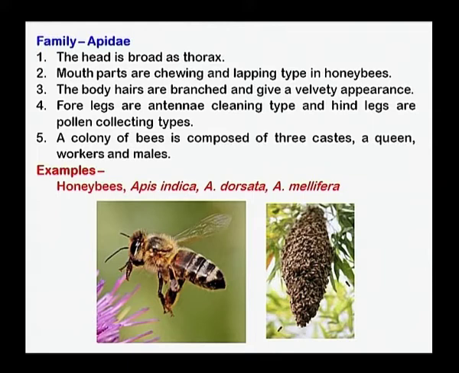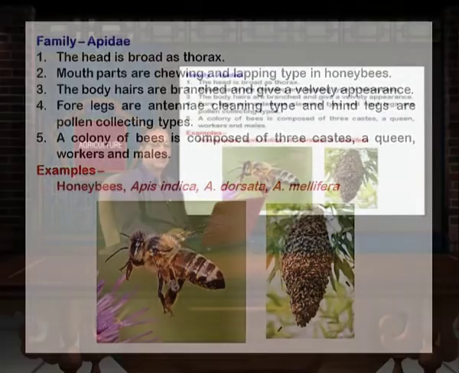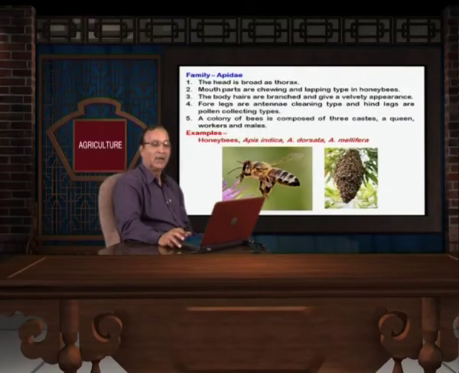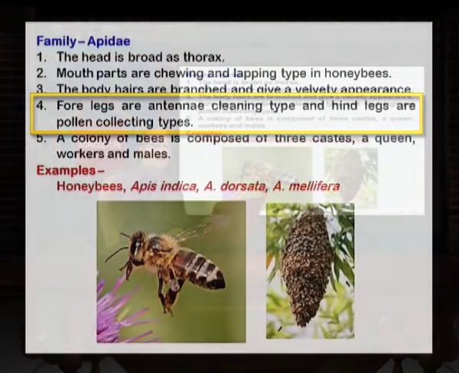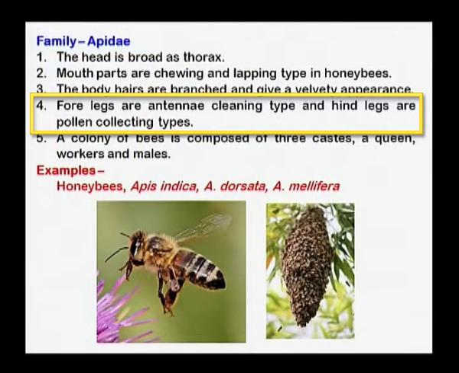Forewings are very prominent, along with the forelegs, which are clinging type, whereas the hind legs are pollen collecting type, commonly known as pollen collecting legs.